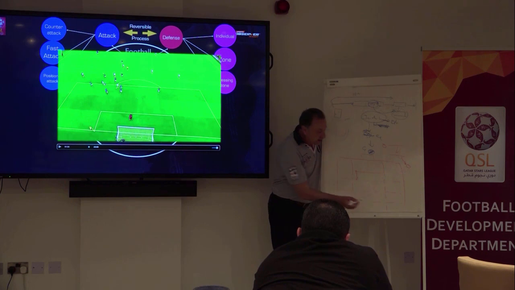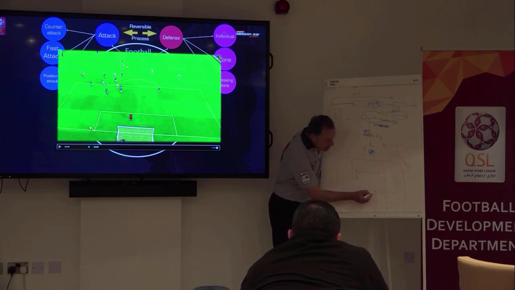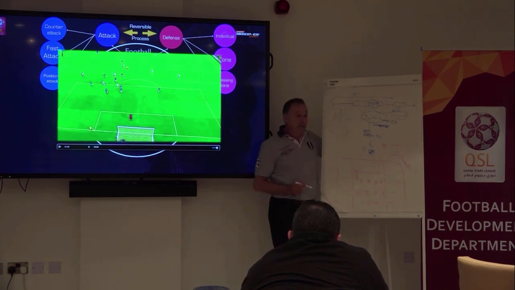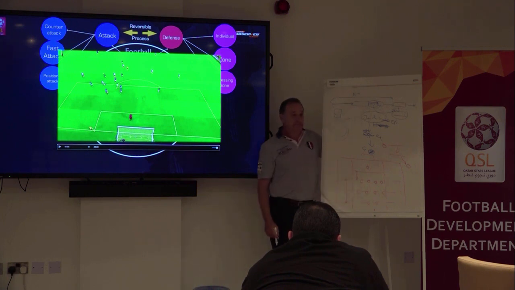And when my strikers will be here, my midfield players will be here, and my defenders will be here, and my goalkeeper will be here, because the ball is here. And how many meters are between this line and this line? 18 meters. The team is compact.